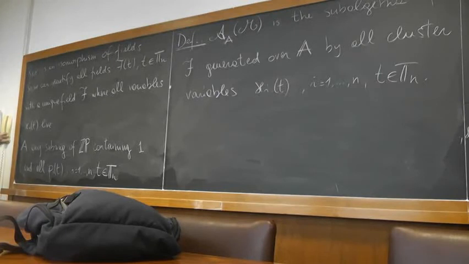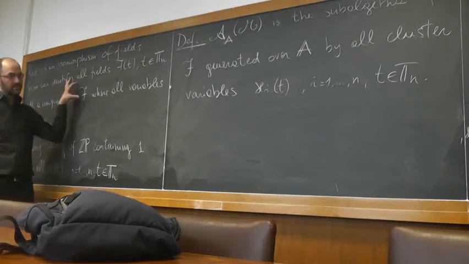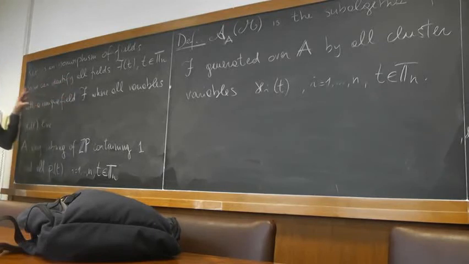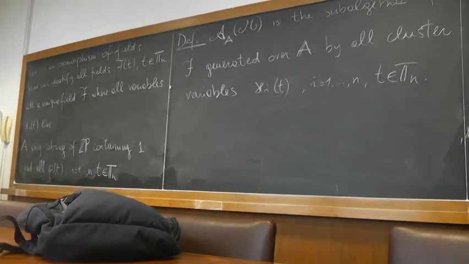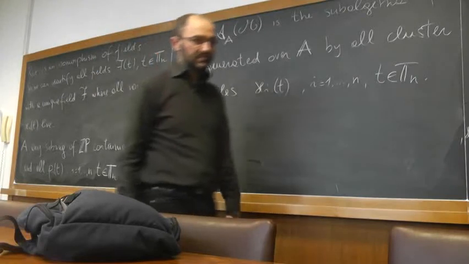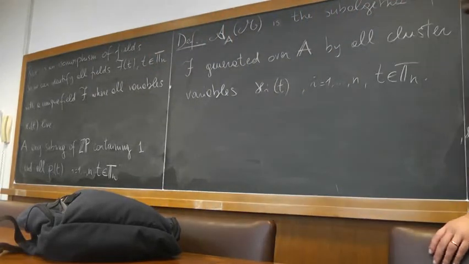So we first have defined this field, which contains all cluster variables. And then we consider the subalgebra generated by these cluster variables over this subring, which must contain these elements because we need them to perform the relations among the cluster variables.